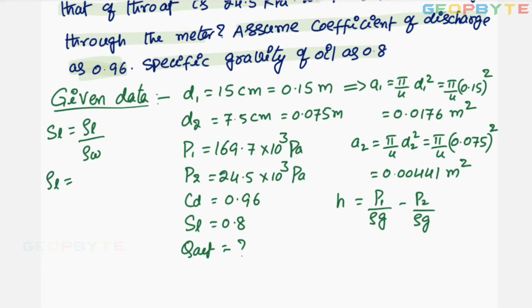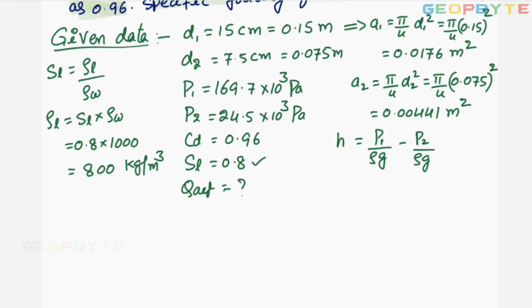Density of the liquid equal to specific gravity of the liquid multiplied by density of water. Specific gravity of the liquid given 0.8 multiplied by density of the water 1000 equal to 800 kg per meter cube.